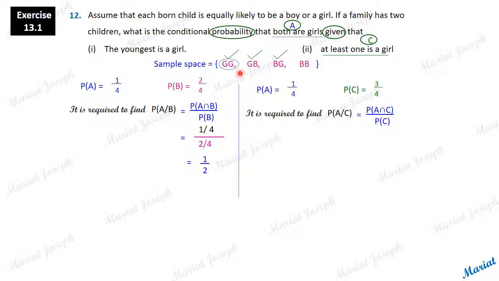Which are the outcomes we highlighted both times? Again, this is the only one highlighted both times, for A also, for C also. So the common element probability will be again 1 by 4. According to the formula, the intersection probability, 1 by 4, upon probability of C, that is 3 by 4, the result is 1 by 3.